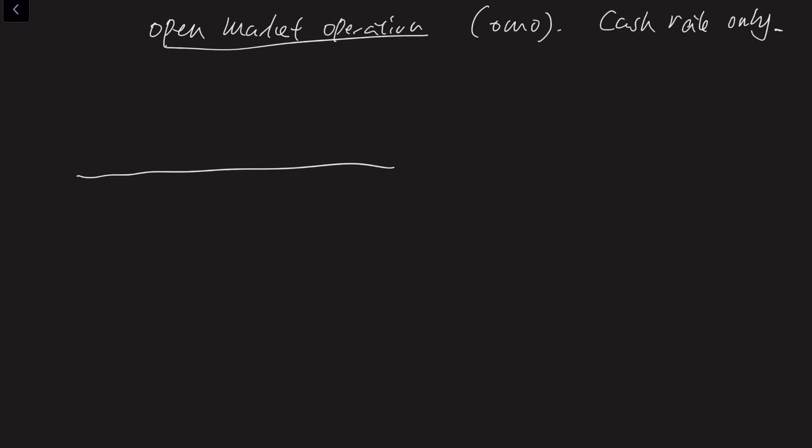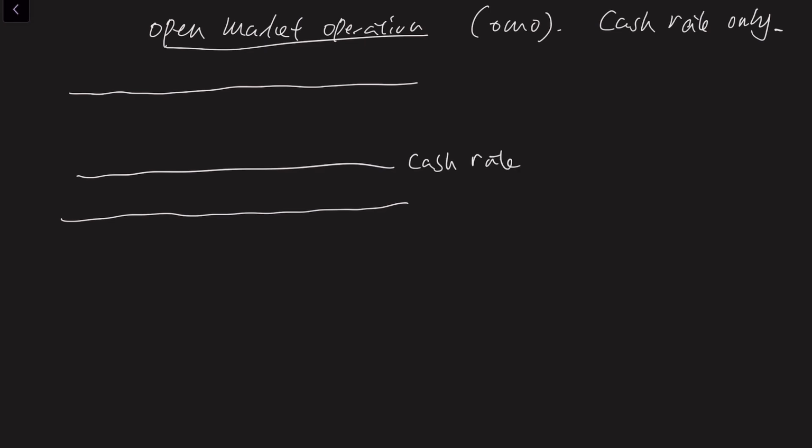It is done by something called a corridor system. So here you have the cash rate, and this is called a ceiling, and this is called a floor.